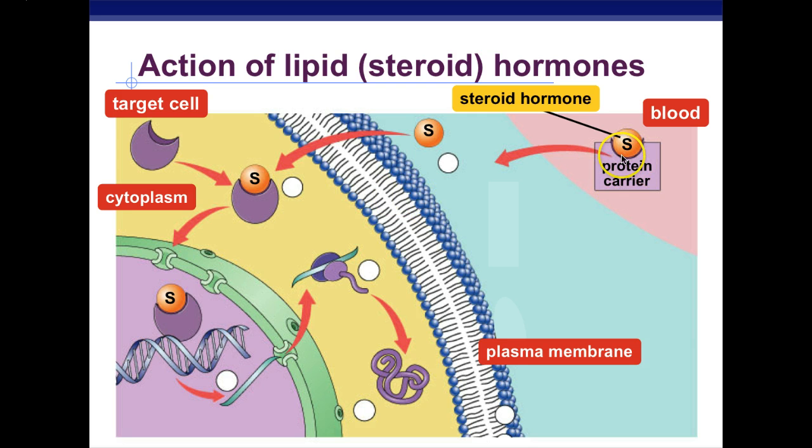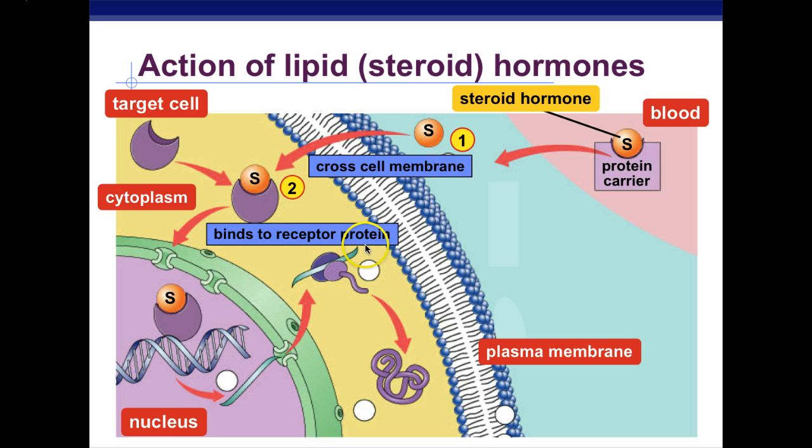And because the steroid hormone is lipid-based, it goes directly through the cell membrane, and it's going to dock on a receptor protein inside the cytoplasm as opposed to within the membrane. So our hormone crosses the cell membrane. It's going to bind to a receptor protein, and this receptor protein is going to actually activate the transcription of a gene, meaning copying DNA into RNA.